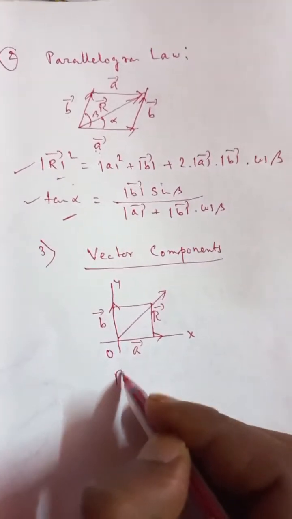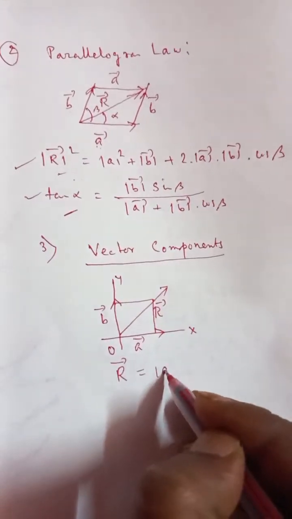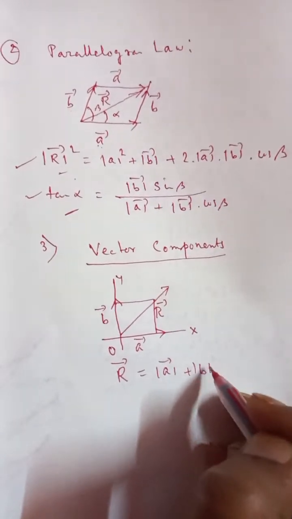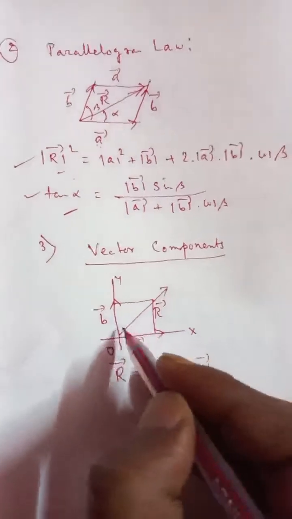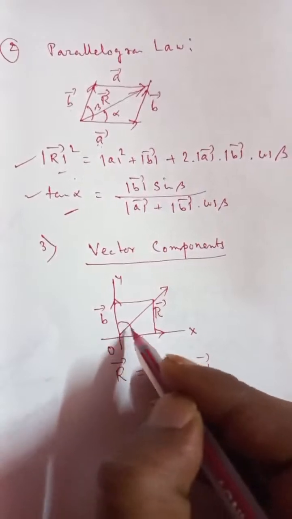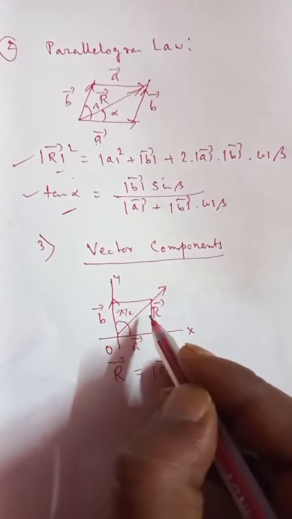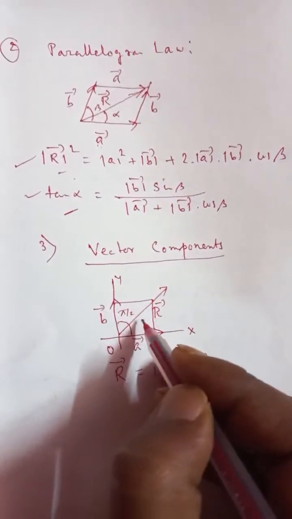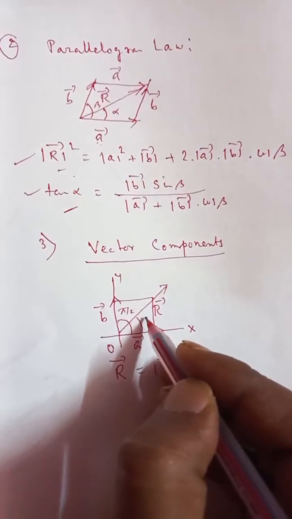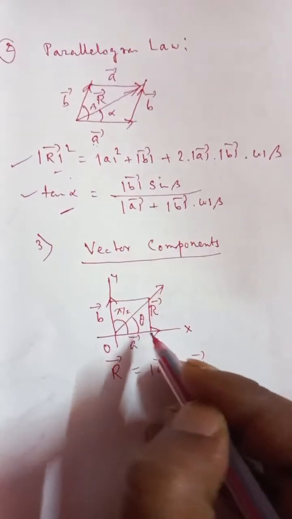Then we can say that R vector is resolved into two vectors, vector A plus vector B. The angle between these two components is pi by 2, and the resultant vector makes an angle theta with the x-axis.